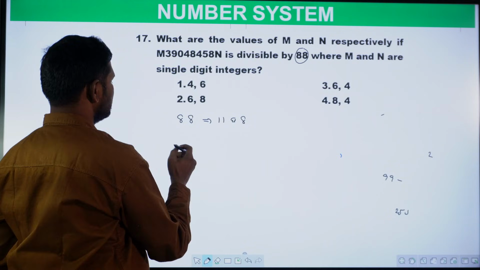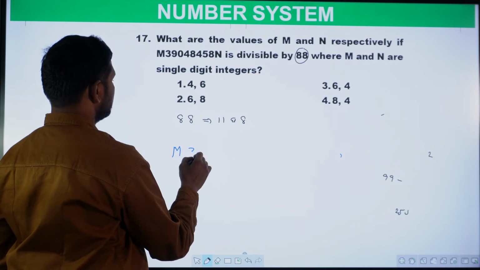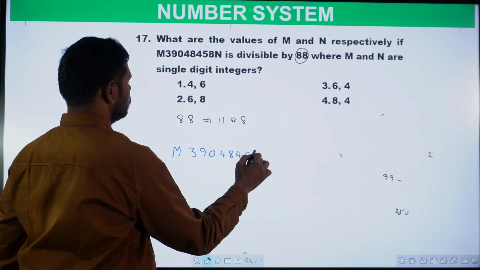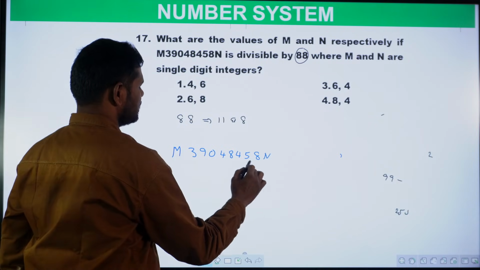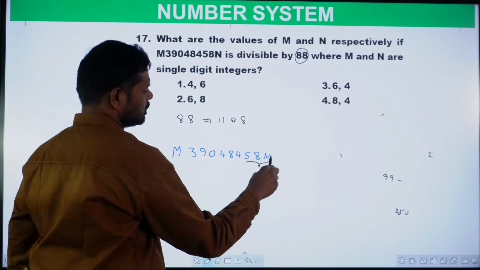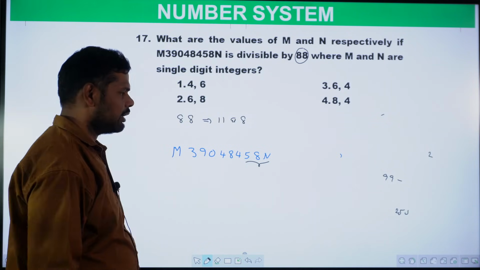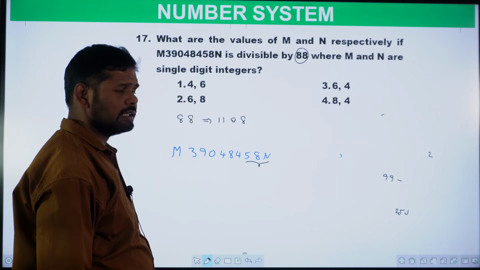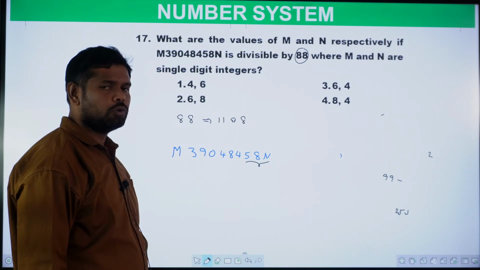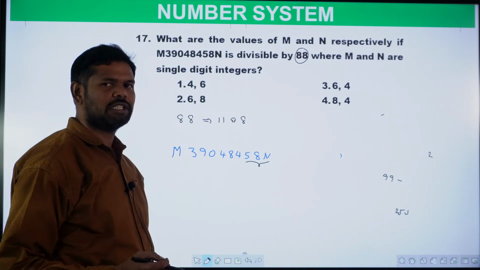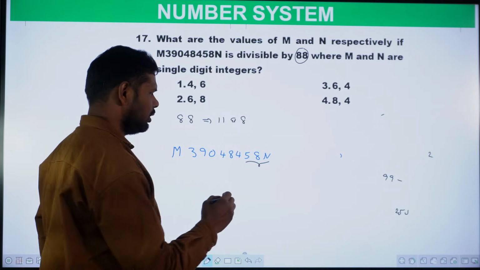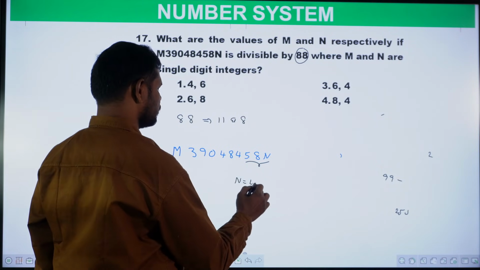The number is M390484580N... First check with 8: the last 3 digits must be a multiple of 8. 8 sevens are 56, so the remainder is 2. The digit placed after it must make a multiple of 8, and 8 threes are 24. Only 4 is possible, so 100% the n value is 4.